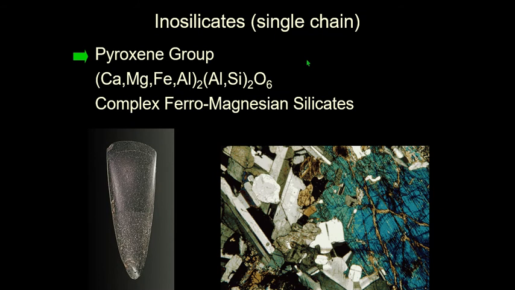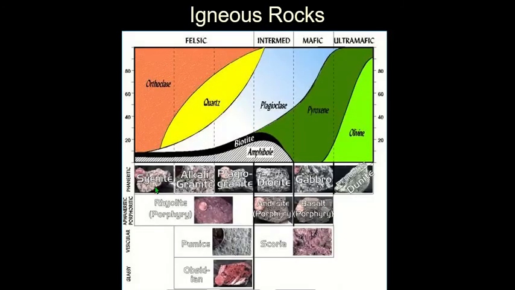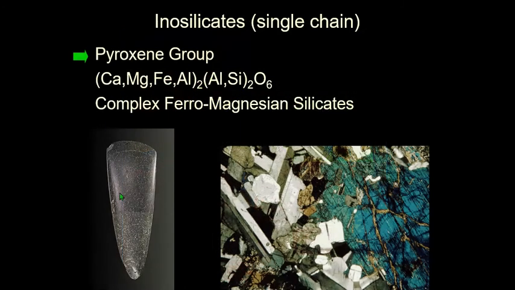Inosilicates, single chain, include the pyroxene group, which I've talked about before, a complex ferromagnesian aluminosilicate. This is it, very common in basalts, and also is what jadeite is. Jadeite axe here, you see.